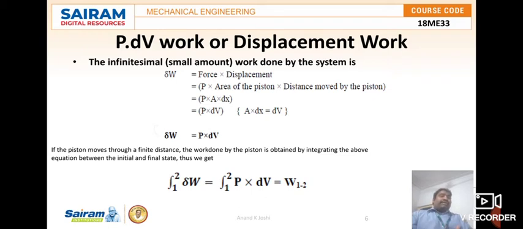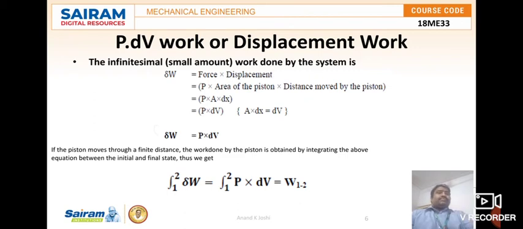We can't write it as W, we can't integrate to get W, so either we have to write W1-2, or simply write delta W1-2. Further on we'll discuss why we have to write it this way for W, and why we cannot integrate for W as for other point functions. Right now you understood what PdV work is, that is the integral from 1 to 2 of P dV equal to W1-2.